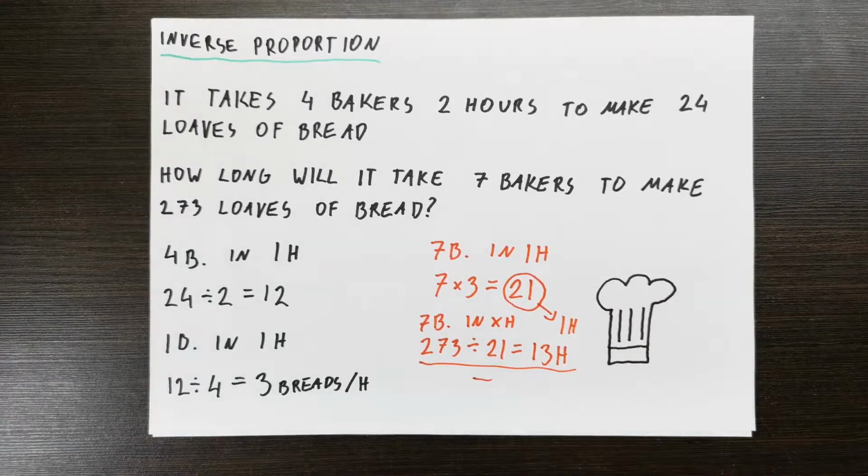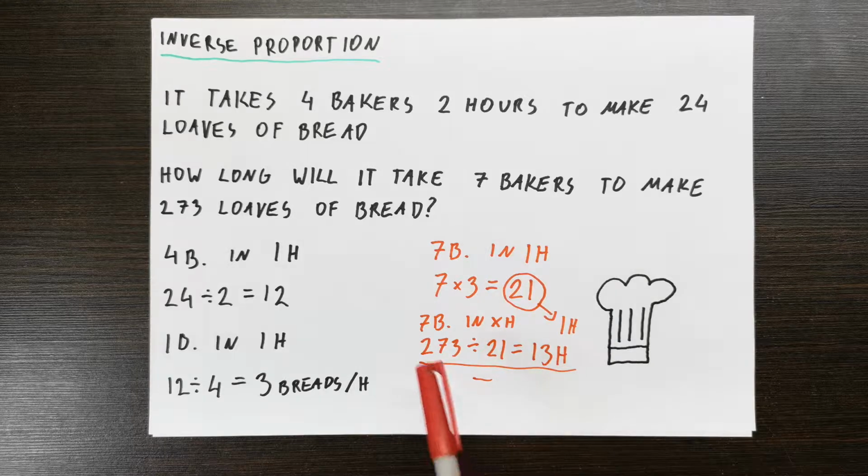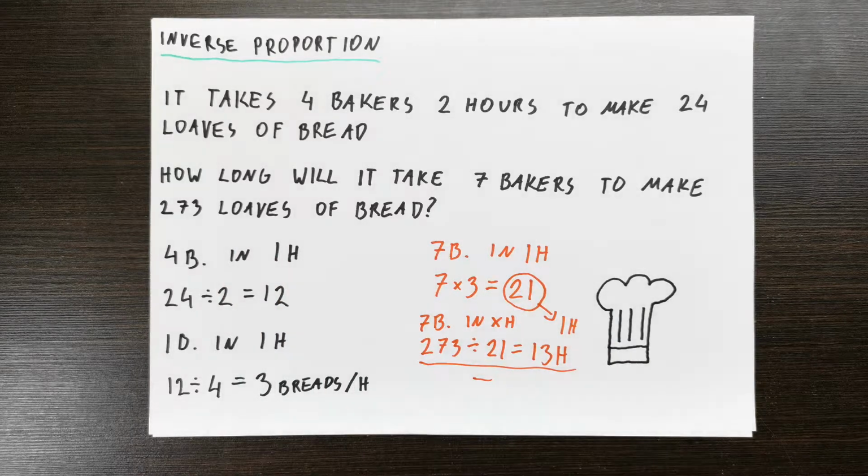That's our answer. So just to recap, what did we do here? Well, we worked it down here to our core unit of 1 baker and 1 hour. How many breads does that give us? And then we work it up here. So we figure out, if we have 7 bakers to work with, how much bread will we make in 1 hour using 7 bakers?